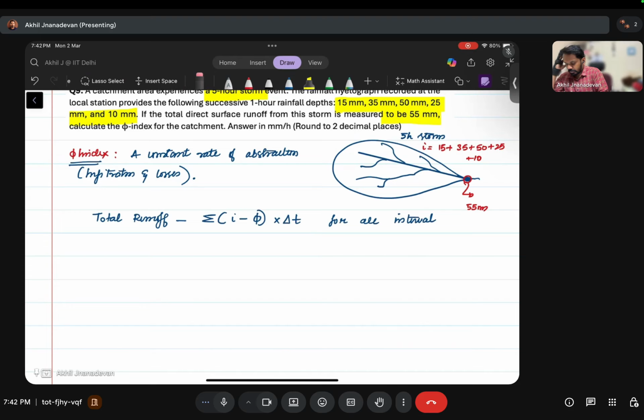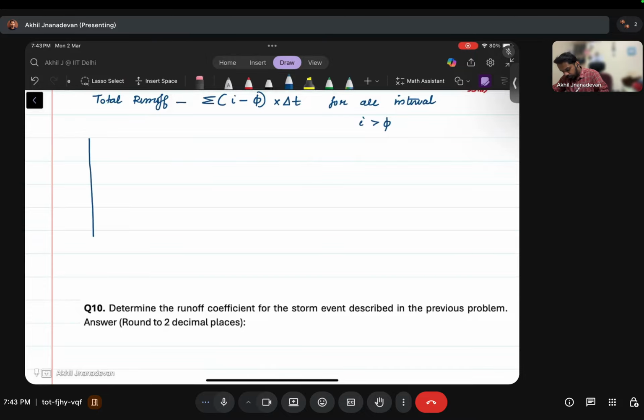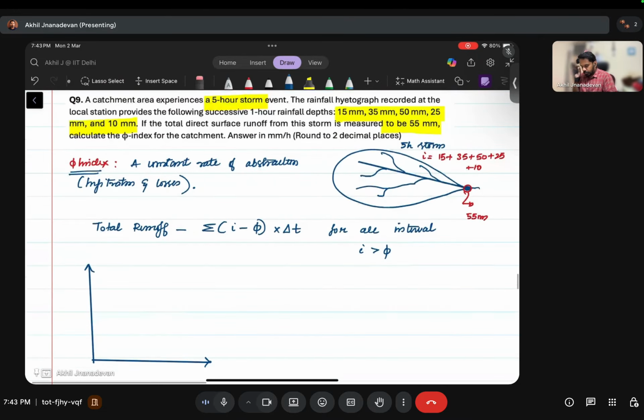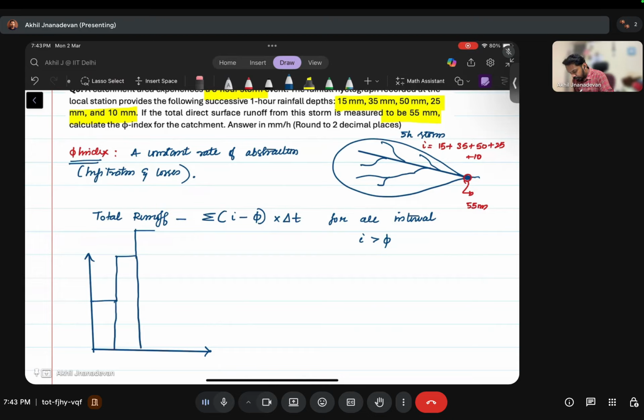So if I could draw the hydrograph, there are values 15, 35, 50. Initially it was 15, then became 35, then it increased to 50, then it became 25, finally it became 10.